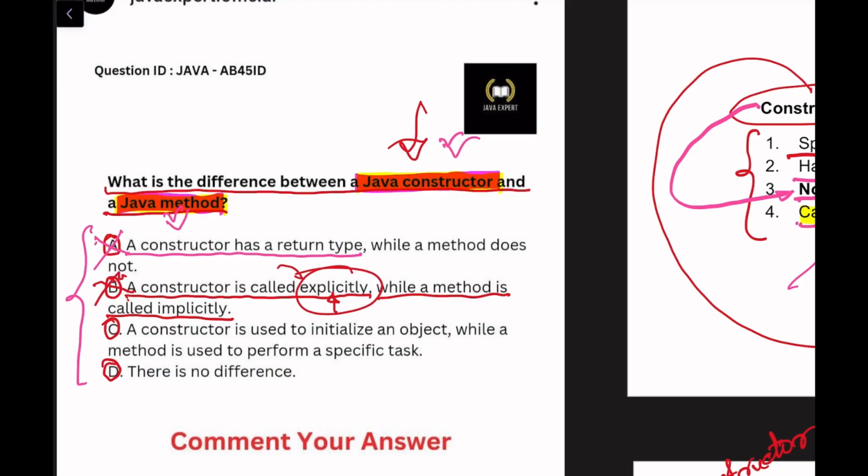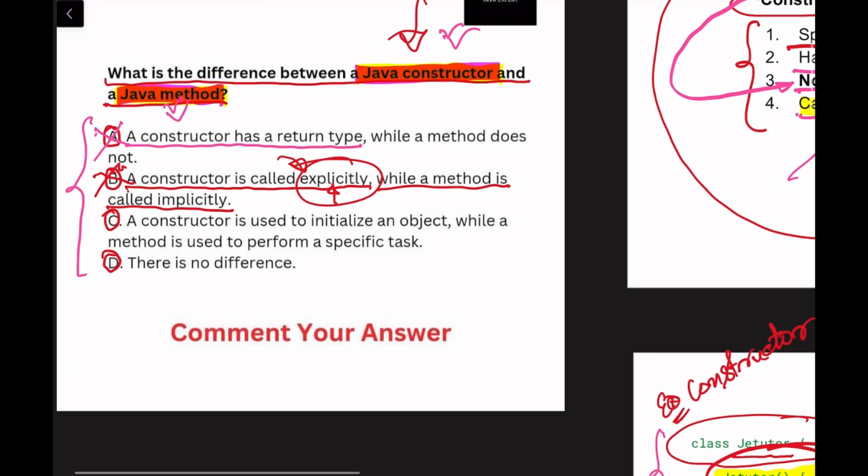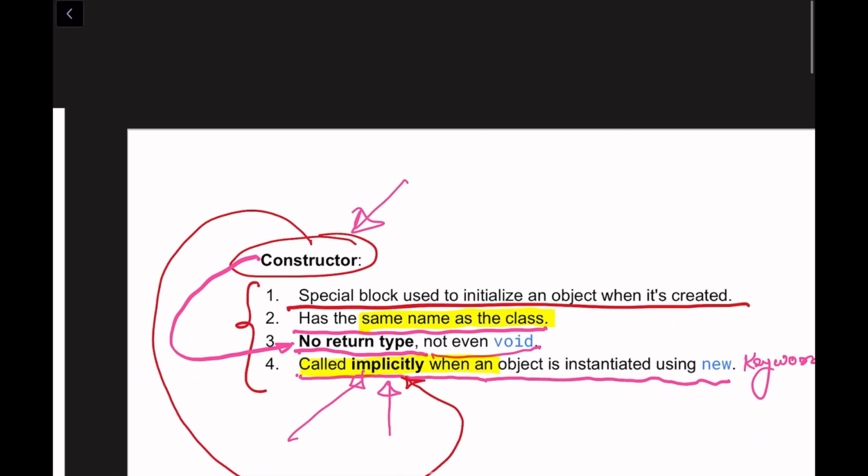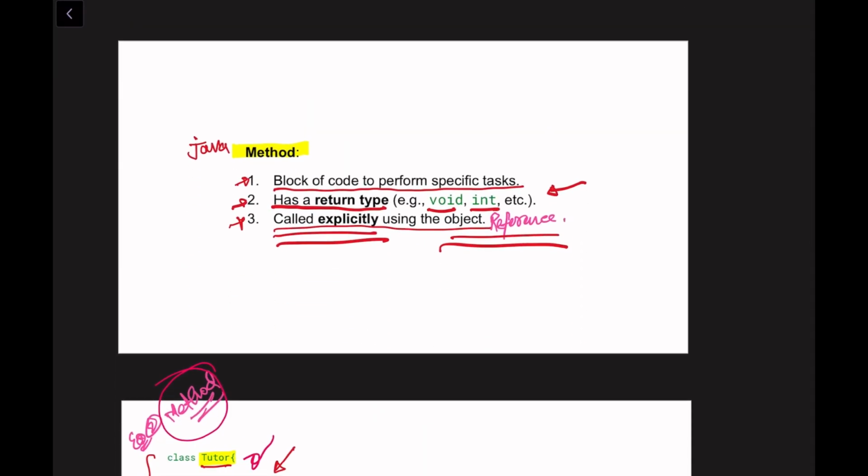We need to have implicitly here. Let's check option D. There is no difference. Constructors and methods serve different purposes and behave differently. We have seen the difference between constructor and methods.